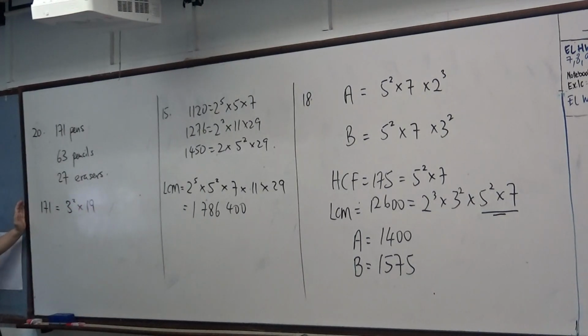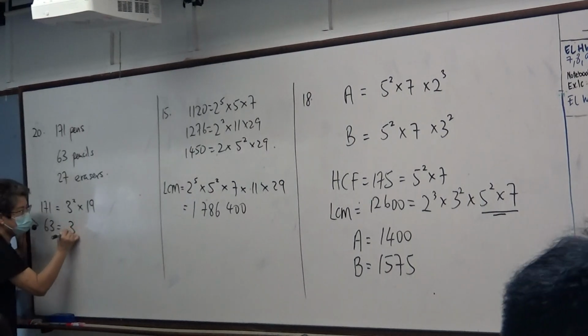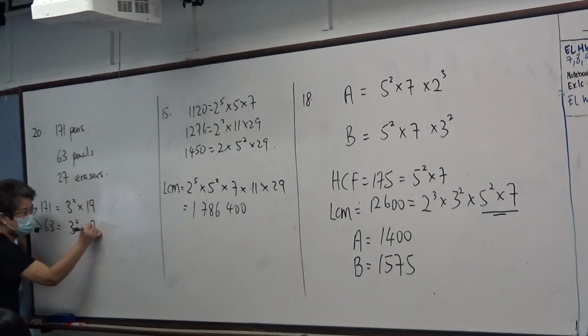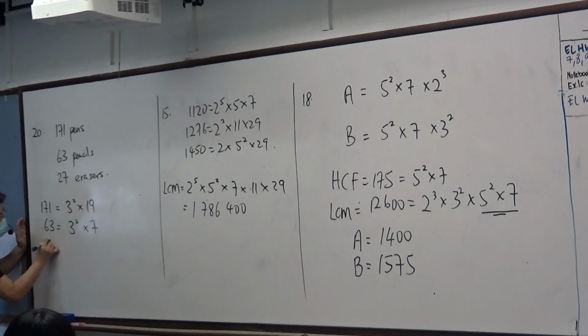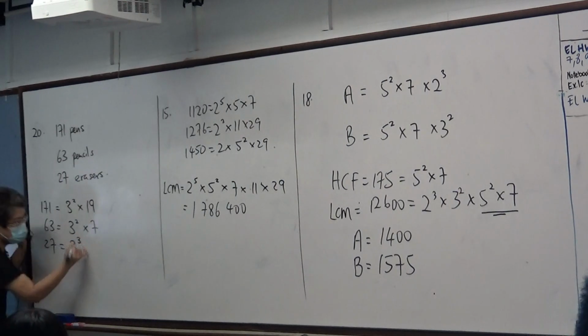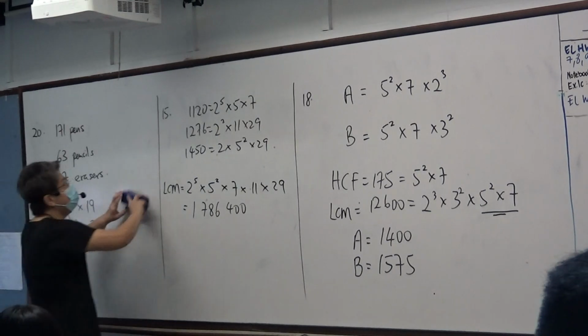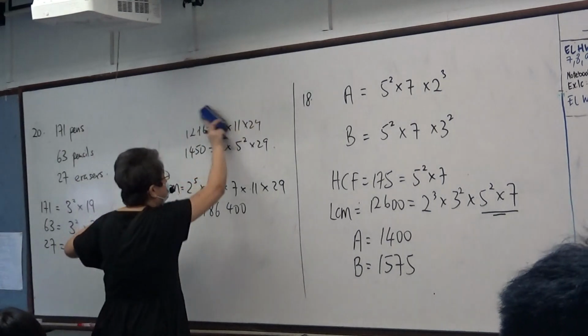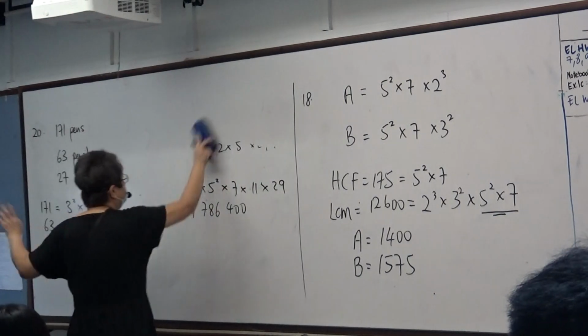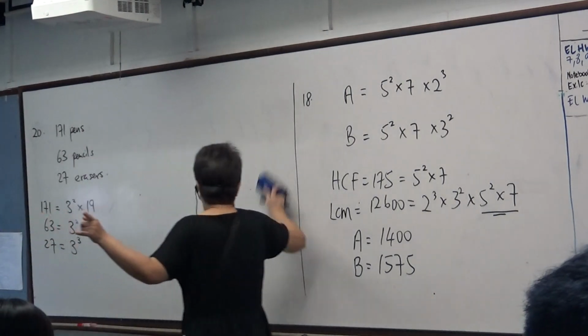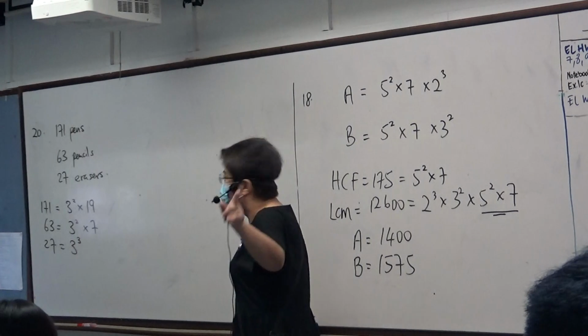Is this correct? 63 is 3 squared times 7. Very good. 27 is 3 cubed, right? Okay, now, how many gift bags do I have? Will be what? HCF or LCM? HCF, okay.